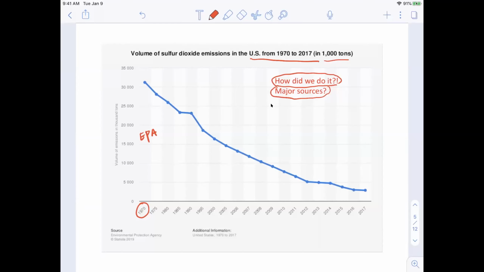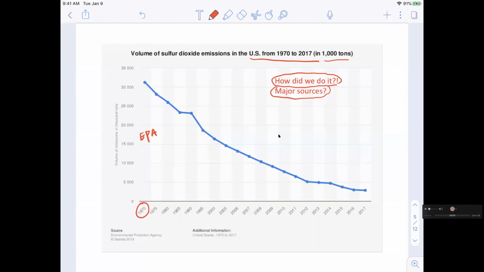Cooking is definitely not a major source, because when we cook, let's say vegetables or meat, there is not a lot of sulfur in there, right? And so that's why coal-fired power plant is a very important one.